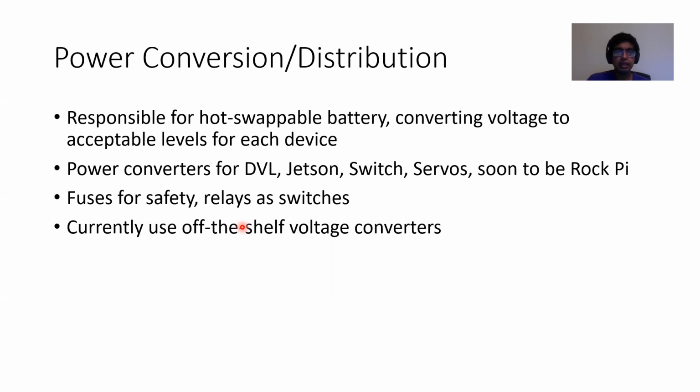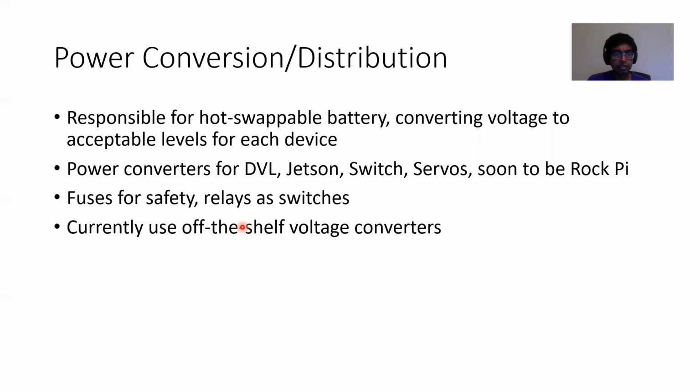This system is responsible for taking power from the battery, making sure that it's safe, making sure that we're able to switch the battery off and on, and then converting the voltage from the battery, which currently is a lithium polymer battery, to the appropriate voltages required by the various electrical components in the stack.